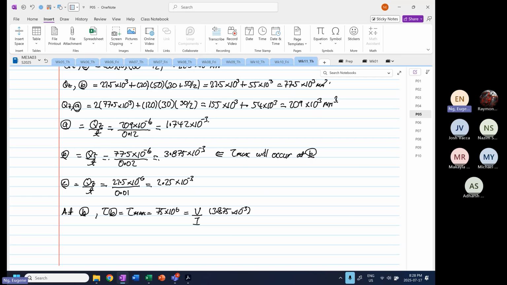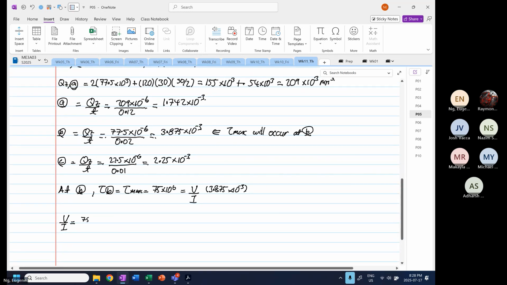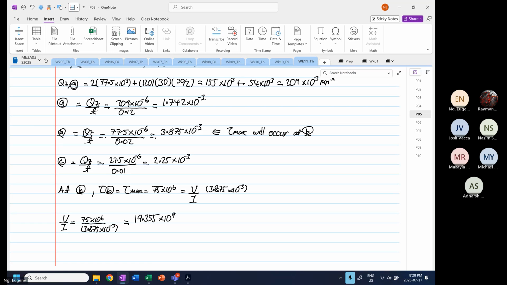So the V over I ratio will be equal to 75 times 10 to the power 6 divided by 3.875 times 10 to the power minus 3, which is equal to 19.355 times 10 to the power 9. And the units is Newton per meter squared.